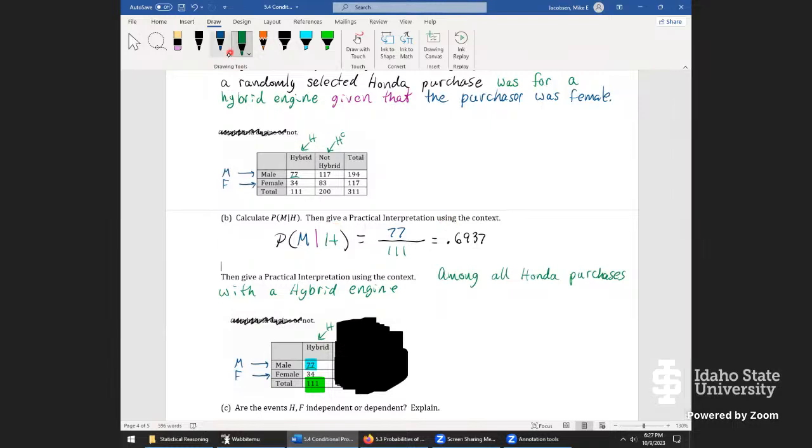There's a 0.69 or a 69.37% chance. Sorry, I was struggling with the decimal point on that one. Move 2 places to the right. There is a 69.37% chance that something happens. Well, we said amongst all the H's, 69.37% chance that we go to the only event that we haven't talked about, and we'll say the purchaser is male.